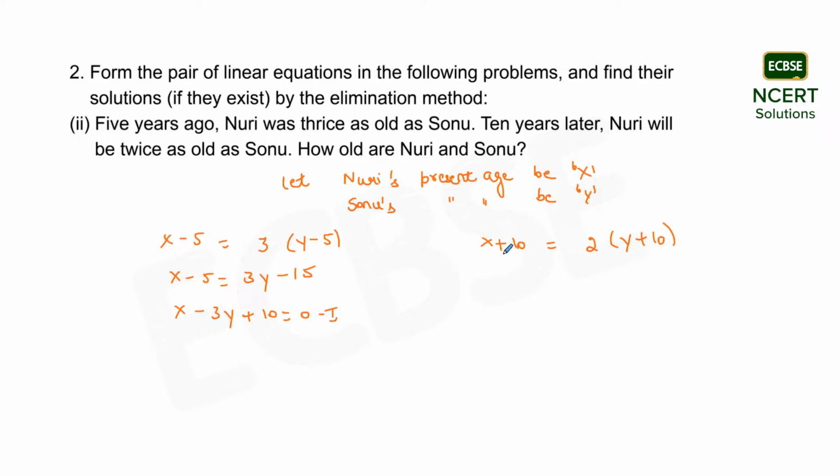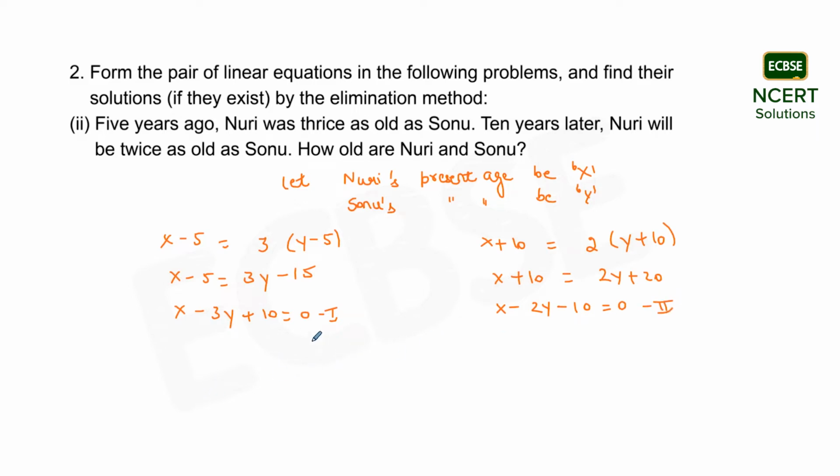So from here, x plus 10 will be equal to 2y plus 20. Or we can write it as x minus 2y minus 10 is equal to 0. Let this be the second equation.